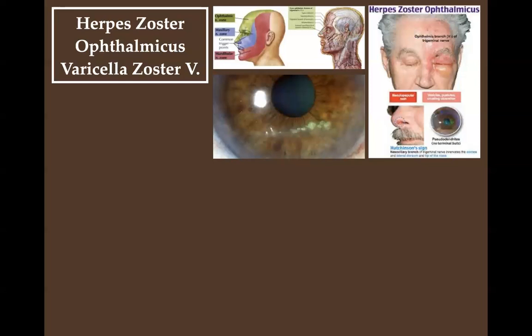So the eye is usually affected when the tip of the nose is involved in herpes zoster ophthalmicus. This is one of the landmarks and characteristic signs. The tip of the nose, as shown in the figure on the right side, is one of the signs of ocular infection with herpes zoster ophthalmicus.